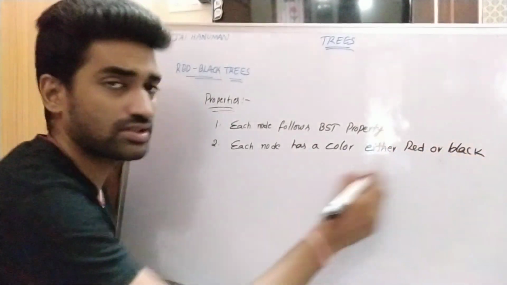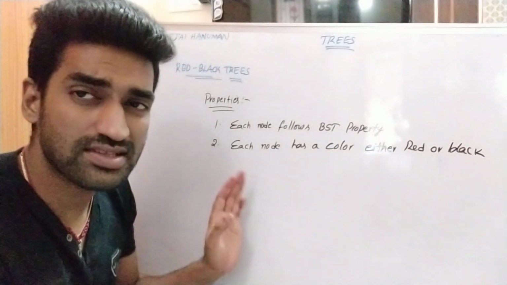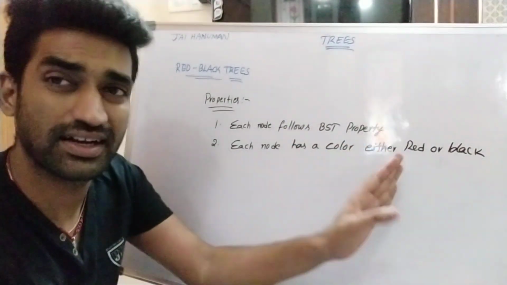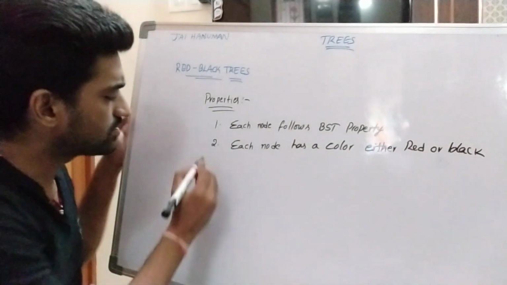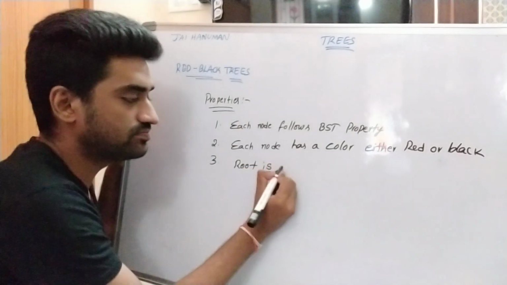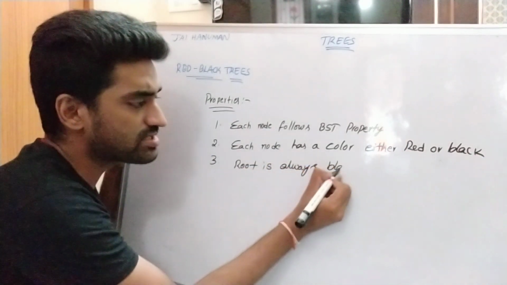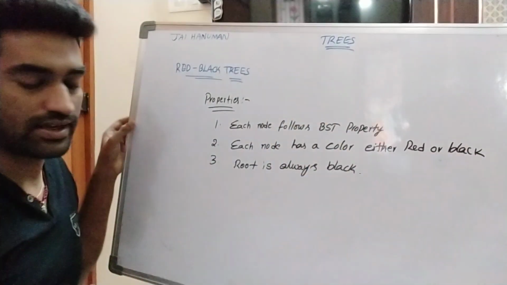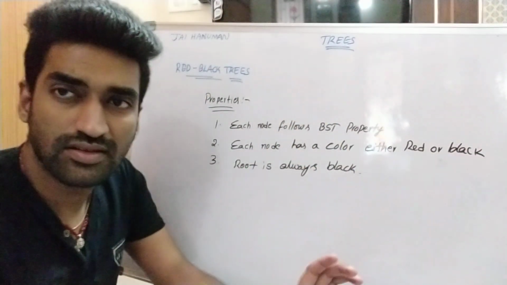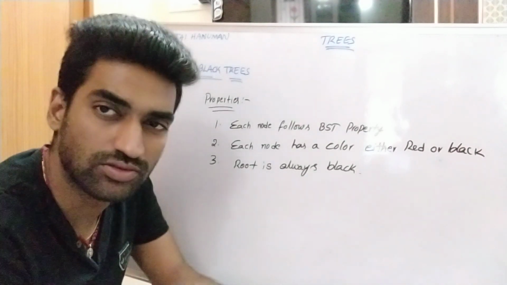In red-black trees, each and every node must be labeled with some color, and that color must be either red or black, right? The third property is that the root is always black. The root node is always a black node, right?